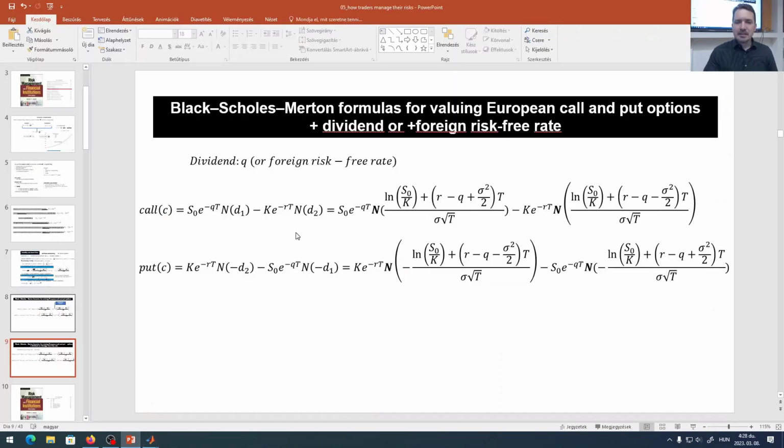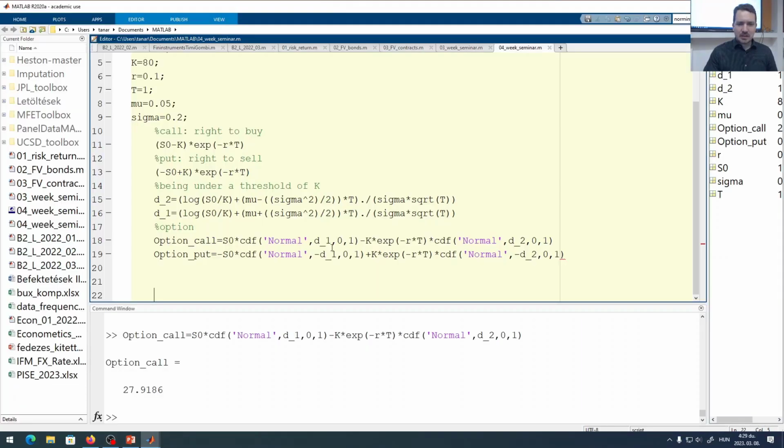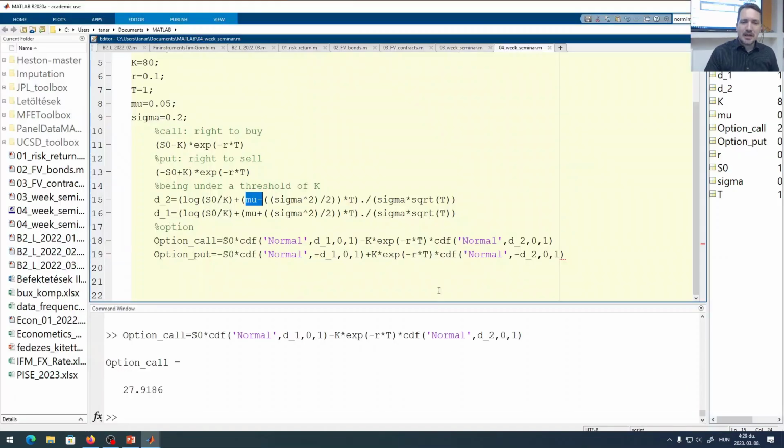Yeah, but still we need a further calibration because one thing is missing from the original one. In the original concept it was mu, but practically this is the risk-free rate here, because we have an expected growth rate, and the expected growth rate is the risk-free rate in the Black-Scholes world.